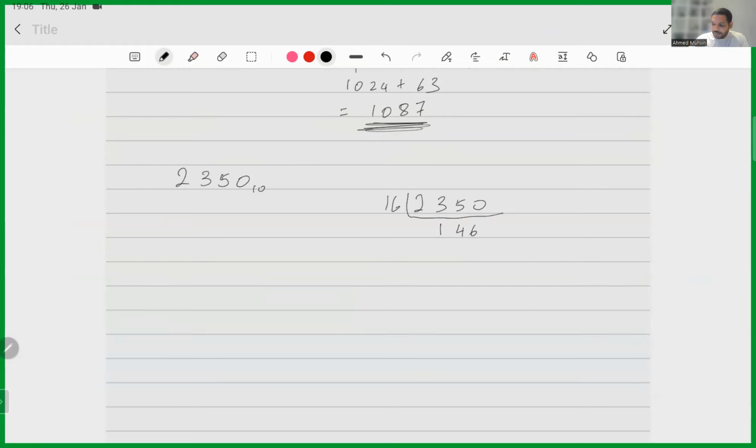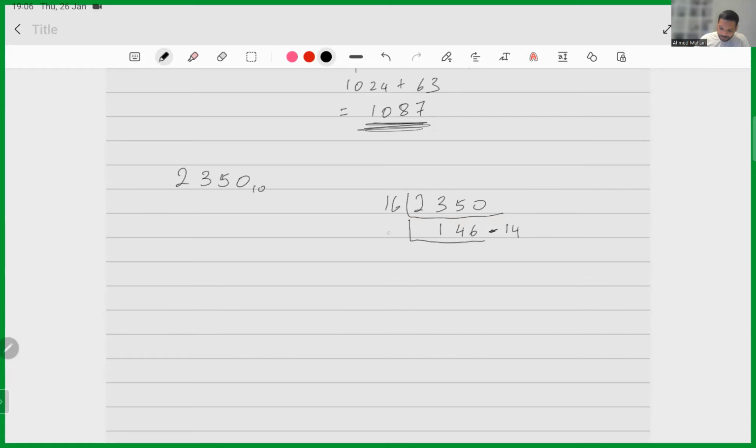Let's see how much the remainder is. 2,350 minus the product, so we have a remainder of 14. I'm using a calculator to save time, but I don't think in your O-level exams you will be able to use a calculator. You'll have to do it mentally. So the remainder is 14.